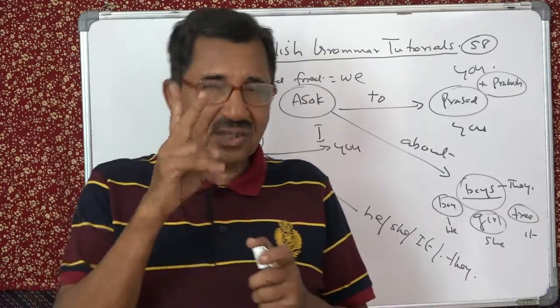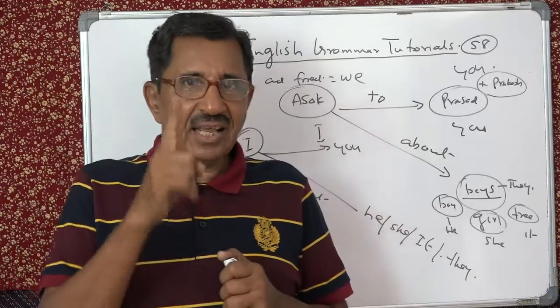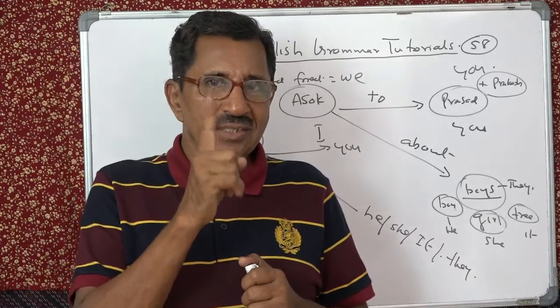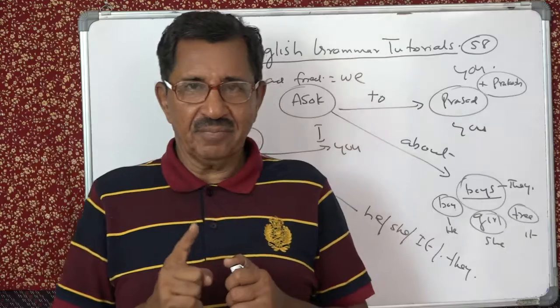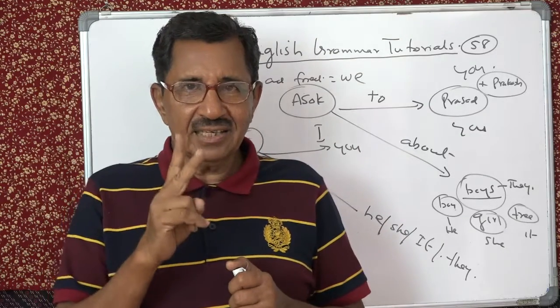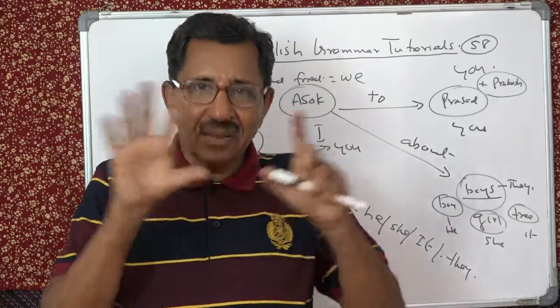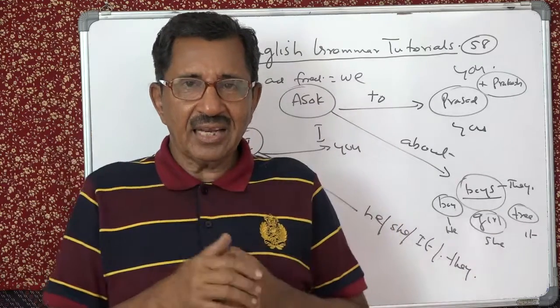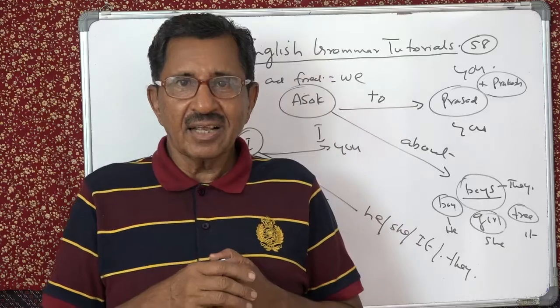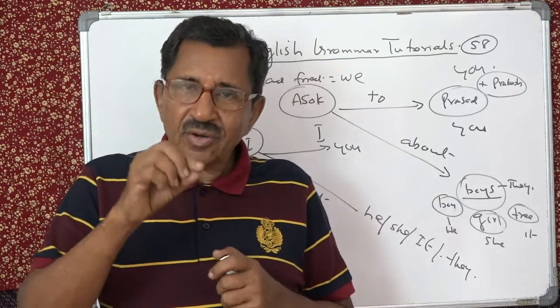But remember two things. One, there can only be six starting points for English sentences. And secondly, these six starting points are given labels, and the label carries one or two words.